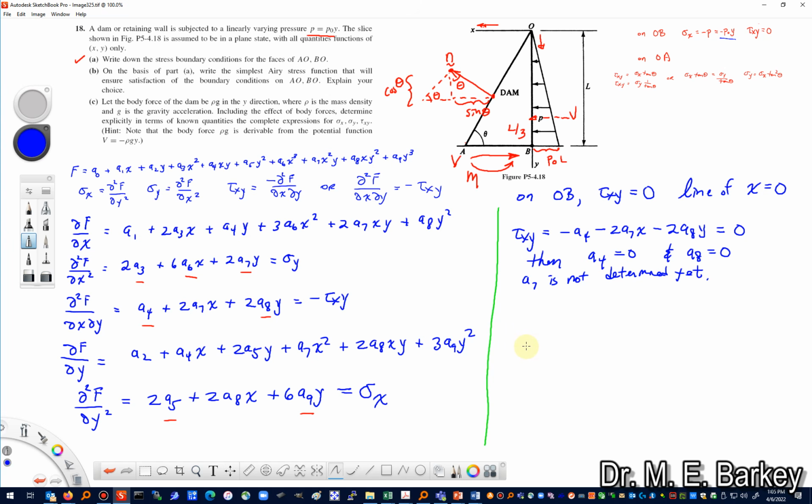So when we go to look at sigma x, that's this one down here, we have 2a5 plus 2a8x plus 6a9y, and then we know that's going to be equal to minus p naught y.